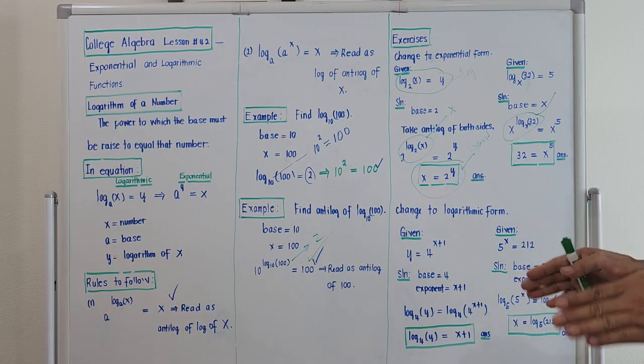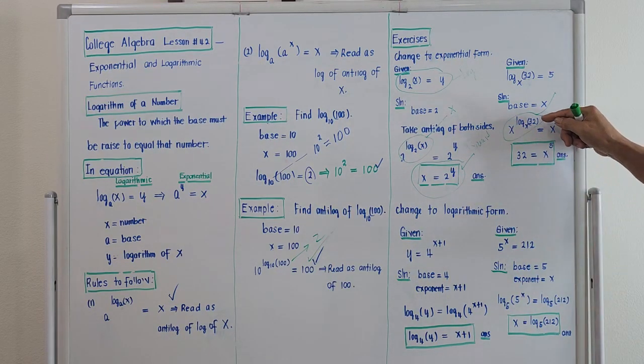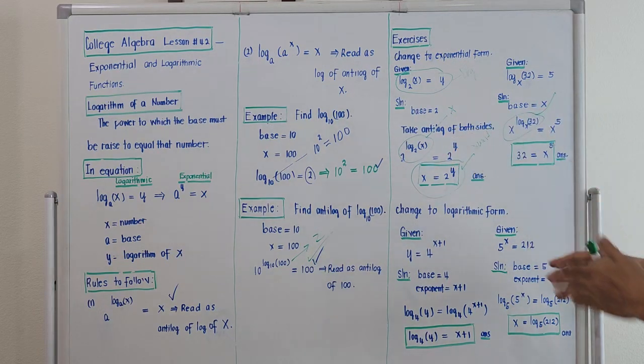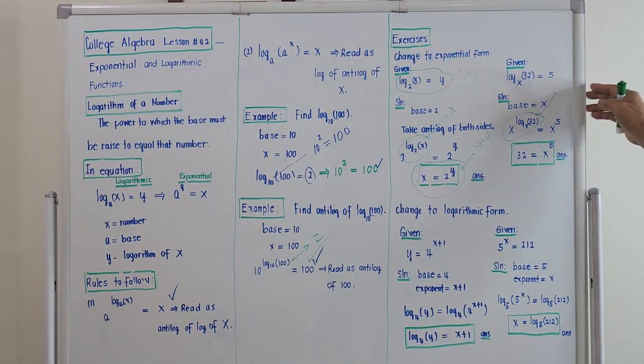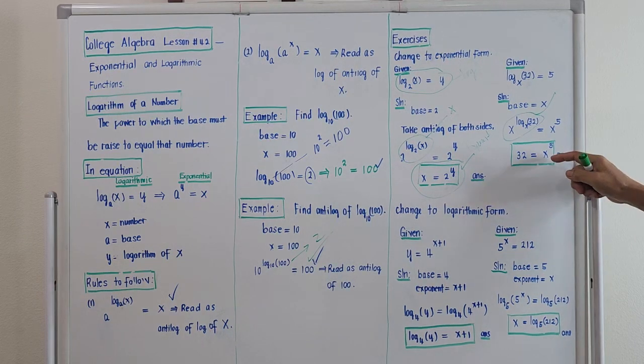The antilog of the logarithm of any given function is just the given function. The given function is 32, right? So the simplification of the left hand side will be 32, and for the right hand side, it will just be simply x to the 5th. So meaning to say, the logarithm of 32 with the base of x equal to 5, in exponential form, the equivalent is 32 is equal to x to the 5th.